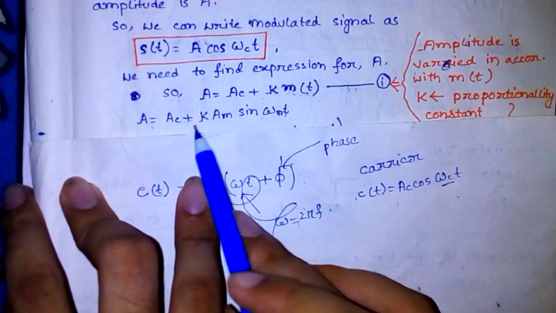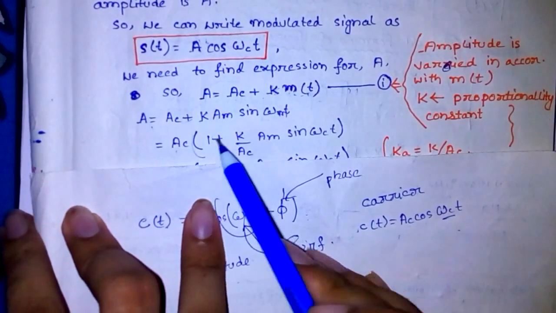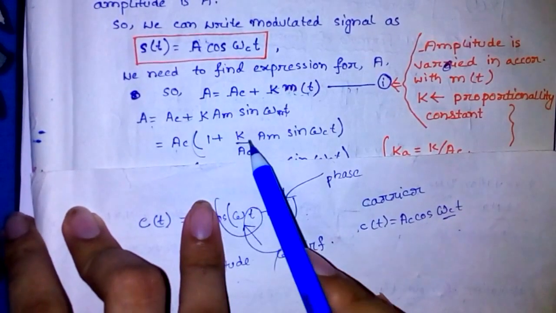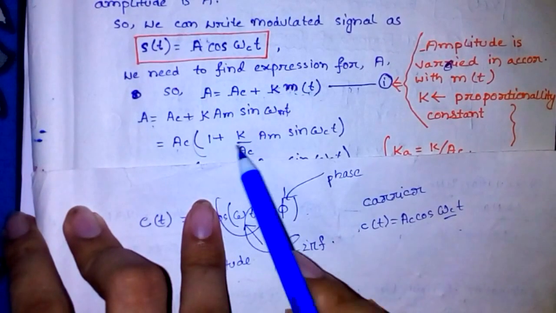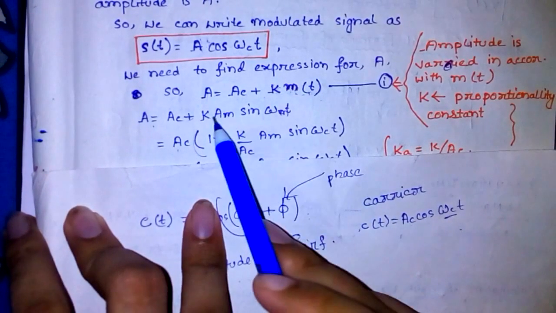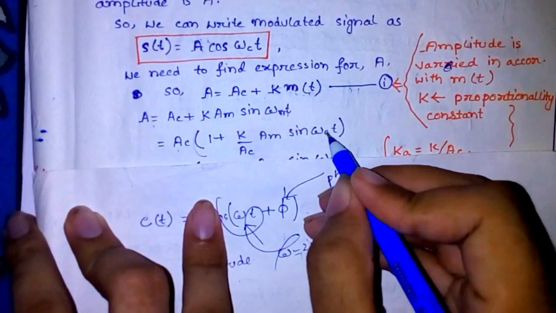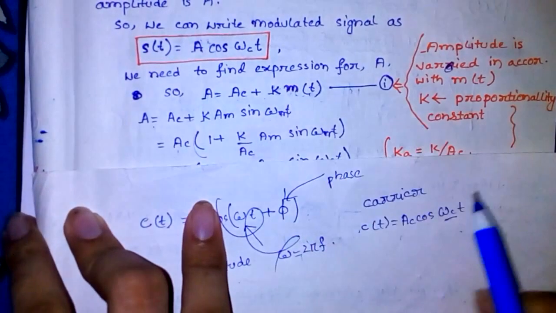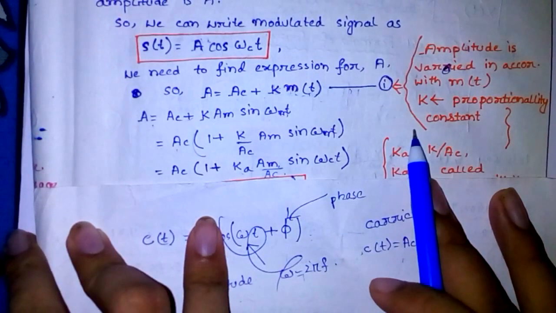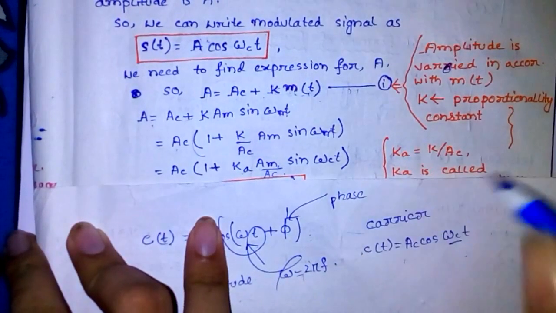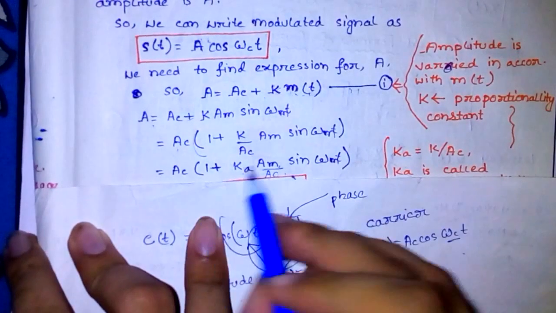Now if we take Ac common, you will get 1 plus K Am divided by Ac, times sin omega m t.